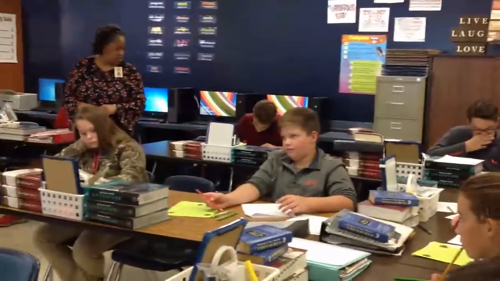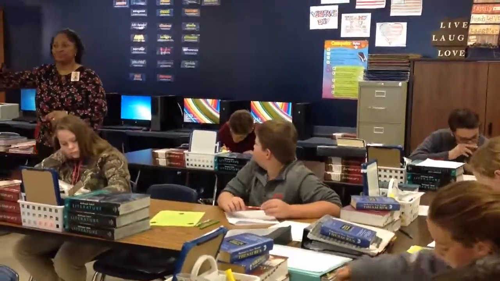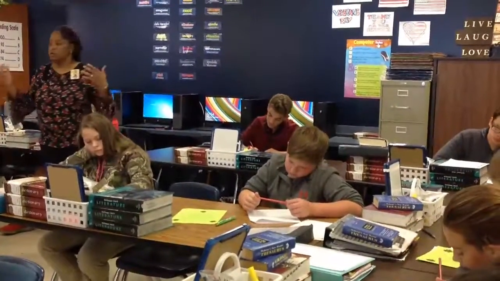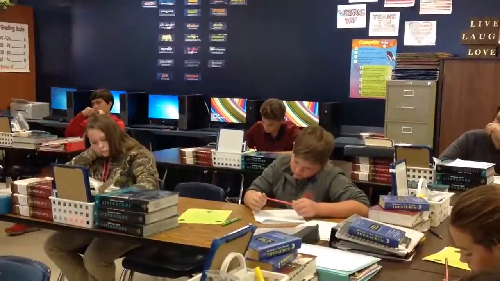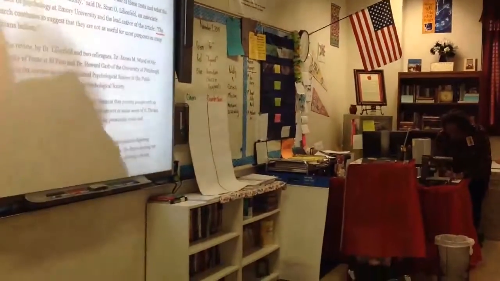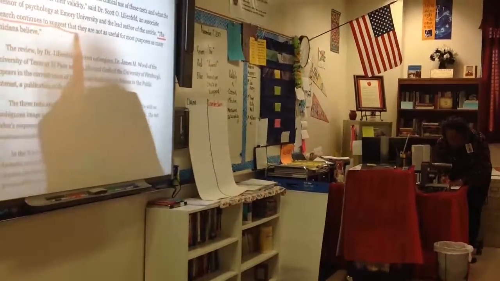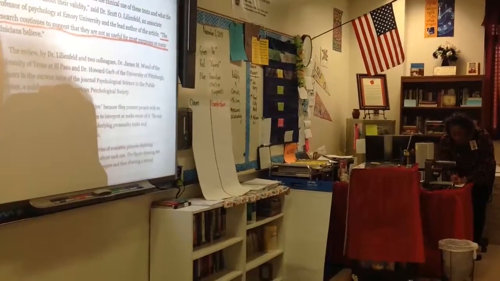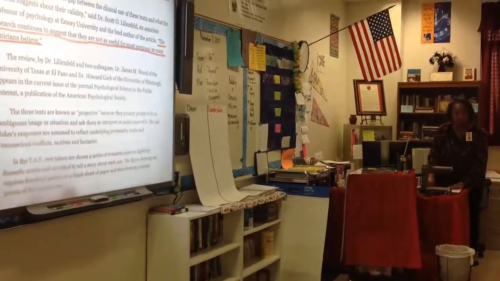It's where it says, the research continues to suggest that they are not as useful for most purposes as many clinicians believe. Awesome, let's go ahead and underline it, okay? At the very end, the research continues to suggest that they are not as useful for most purposes as many clinicians believe, okay?